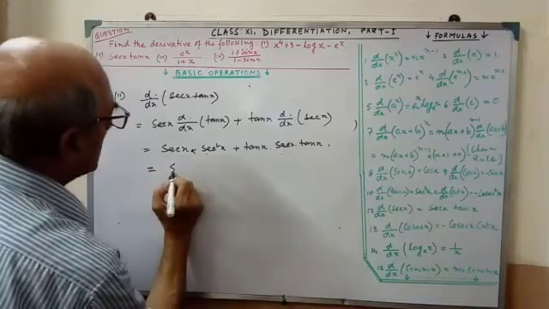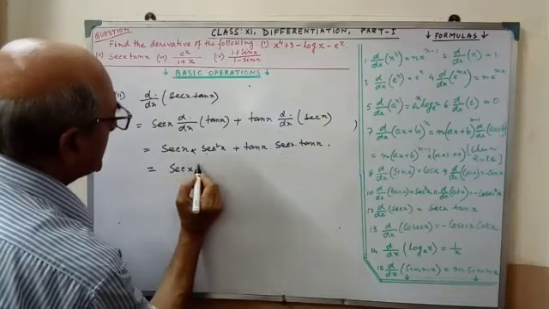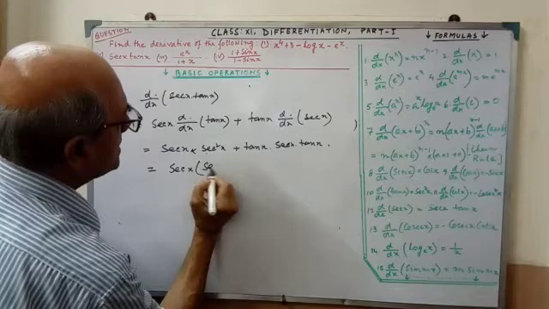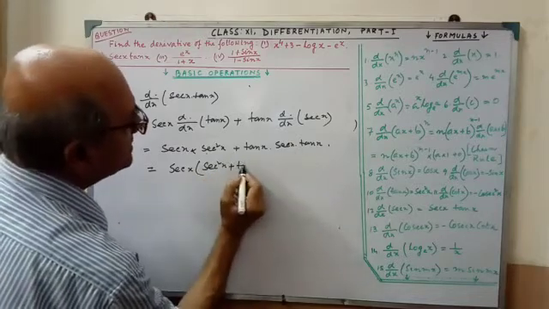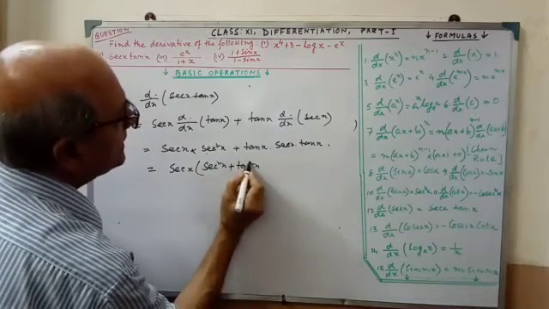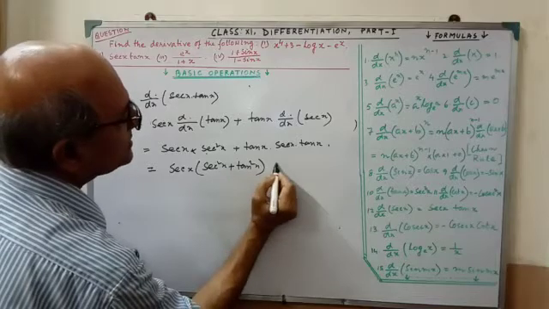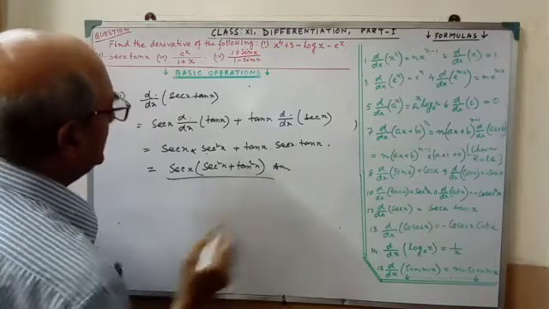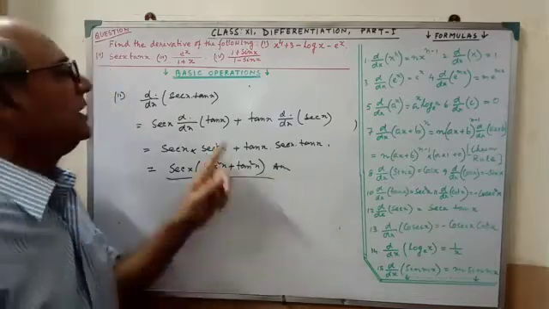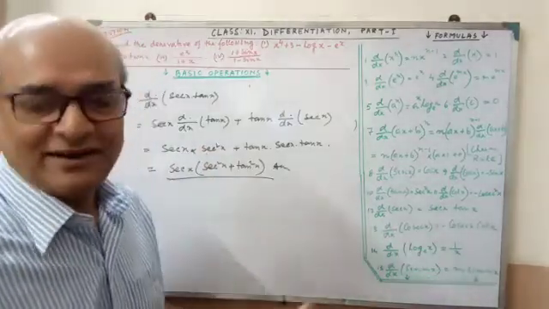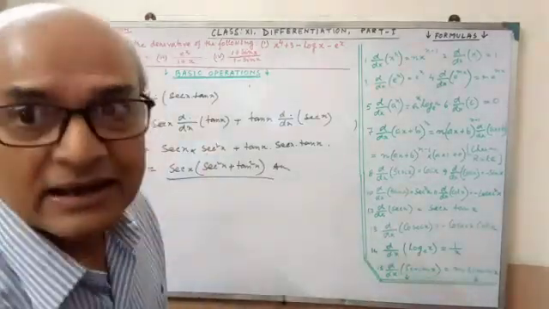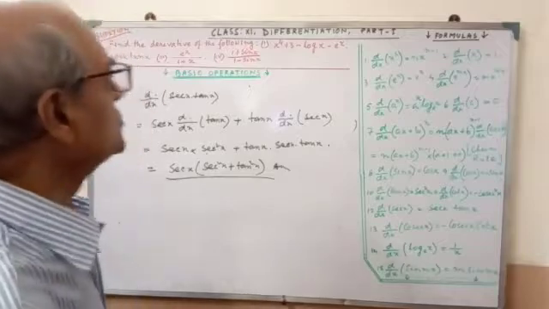Sec x will be common. After taking sec x common, it will be sec square x plus tan square x. This is the answer. I think it is very simple. Only if you remember the basic operations and formulas, you may solve the sums easily and comfortably.